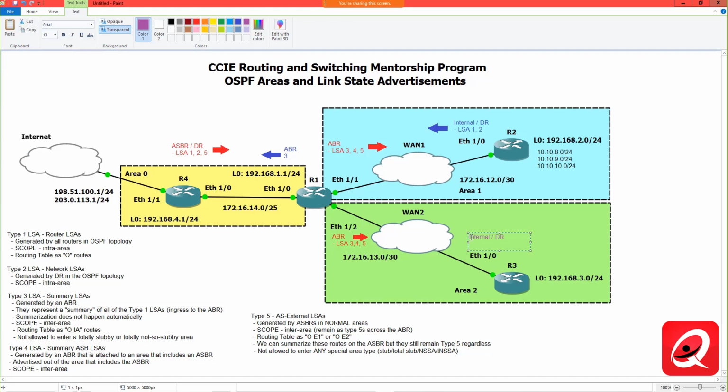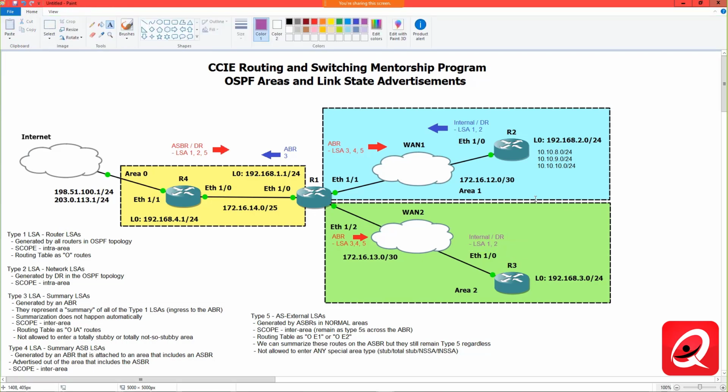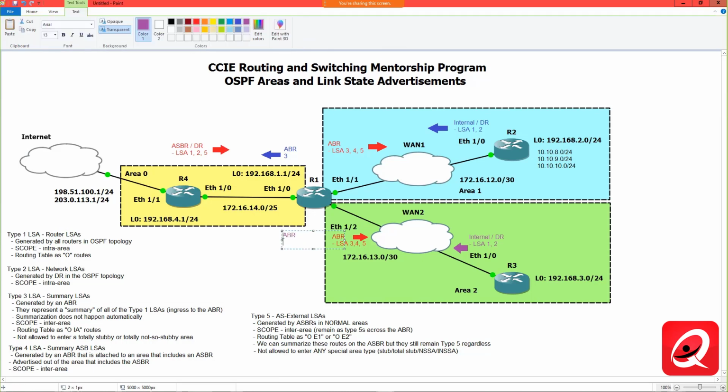It's going to be doing the same thing: LSA types 1 and type 2. And those will leave this ABR here as LSA type 3.